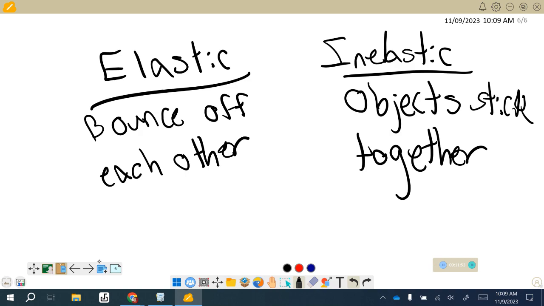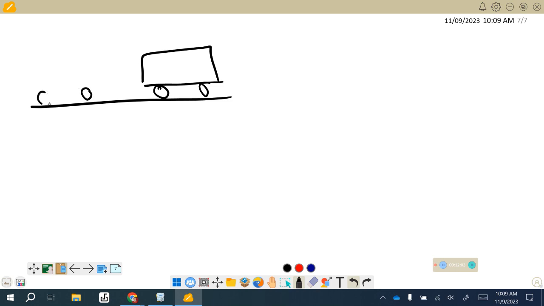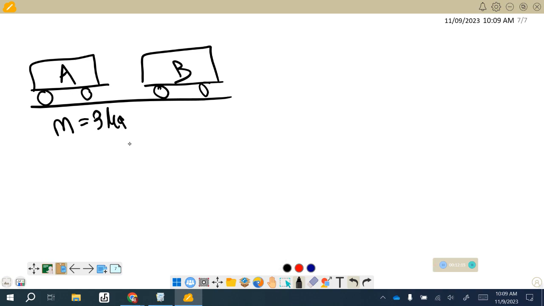All right? Let's do a quick example using conservation of momentum. Let's say that we have two toy train cars. There's one, there's two. Let's say this is car A, this is car B. Car A has a mass of 3 kilograms and is currently moving towards car B at a velocity of 1.4 meters per second.